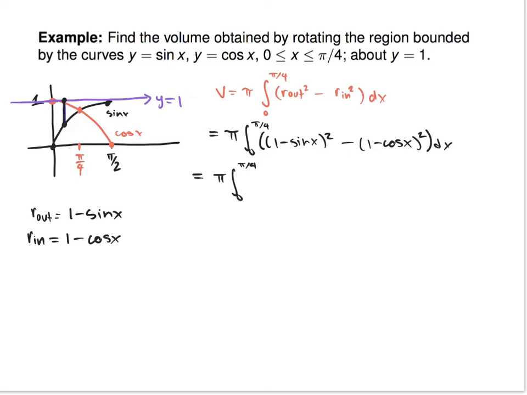I do 1 minus sine x, the quantity squared, what does that make? Plus, great. And then minus the quantity 1 minus 2 cosine x plus cosine squared x.